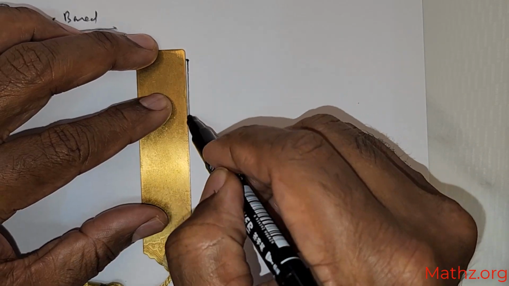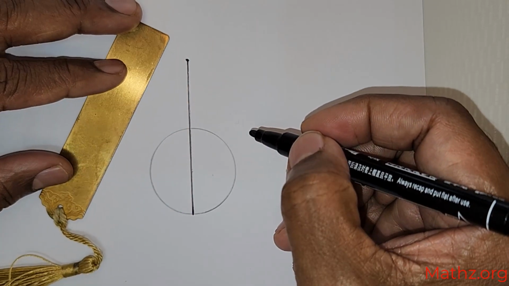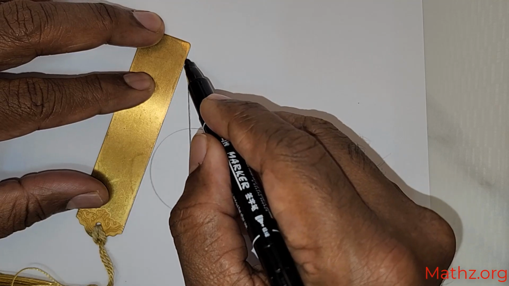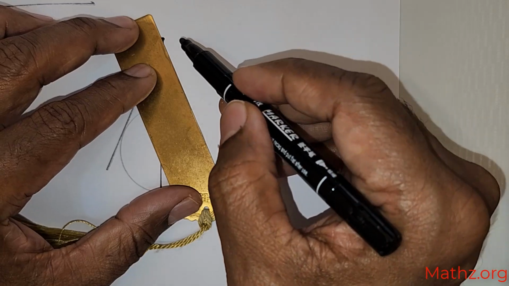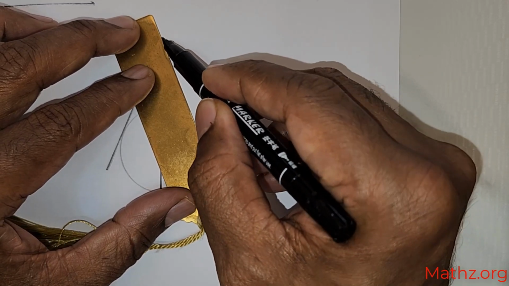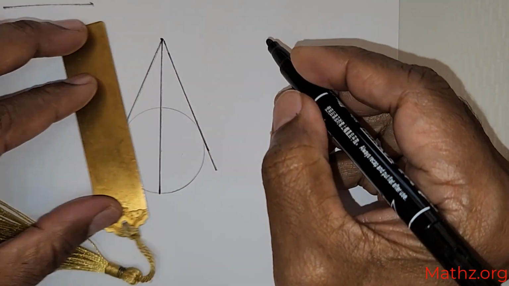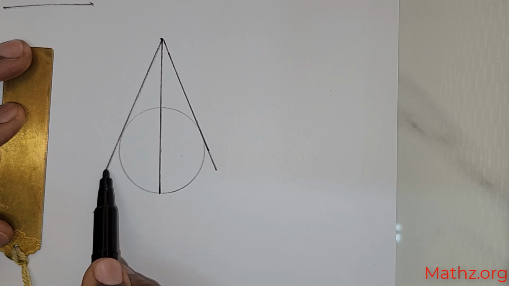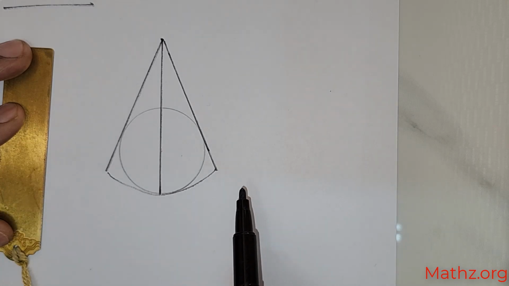So the sector is actually covering the circle.